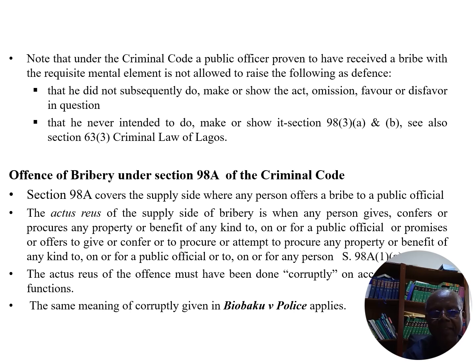But in this instance, somebody has offered to give him 1 million. So his duty to act honestly and impartially has been compromised. Okay? So the same meaning of corruptly as given in Biobaku and the police applies.